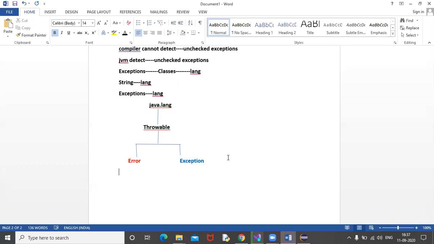All errors are subclasses of some error, whichever you get. If you are getting an error in Eclipse or wherever you type the program, it is a subclass of Error only.